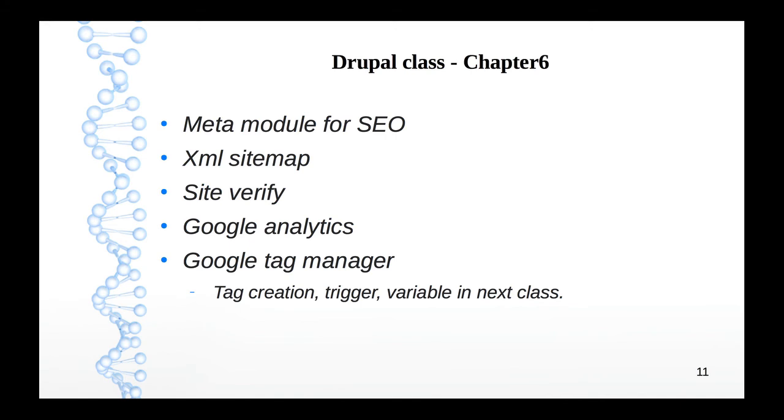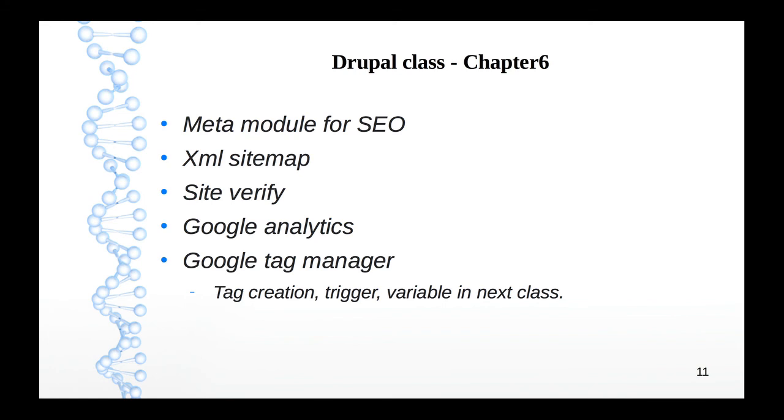The other one is Google Analytics. Google Analytics is a module which will help you to track your website activities by the different users, and Google will actually create the reports, and it will track the day-to-day activities by the different users into the Google Analytics dashboard.